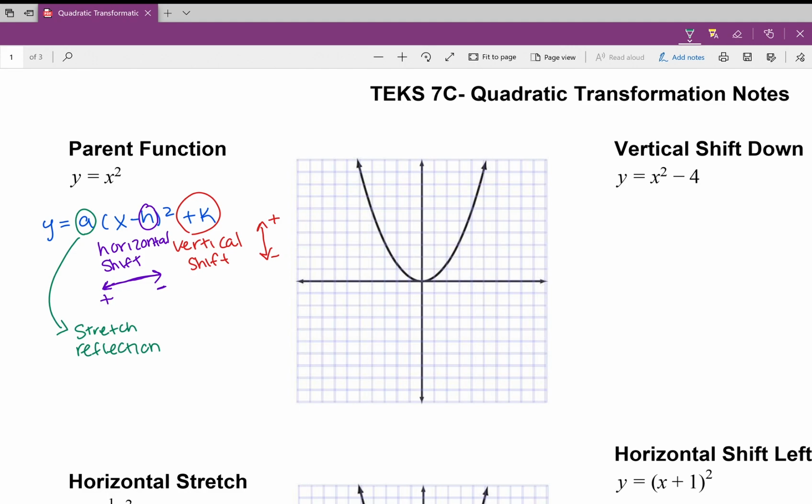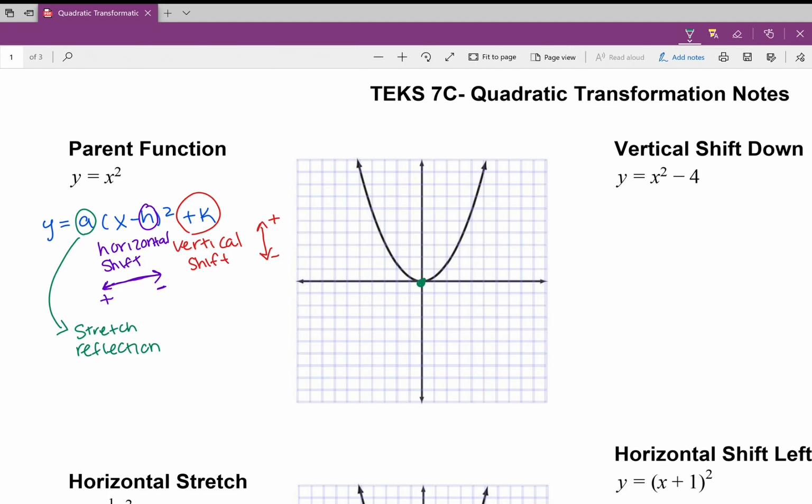So wrapping this up, our parent function is just the quadratic equation where h and k are 0 and a is 1. All the graphs you're going to see on each of these new vocabulary words are going to be the parent function. Another way we can identify this as the parent function is that our quadratic is going up, so it's a minimum, and it has the vertex right here at 0, 0, which again confirms that h and k are 0.